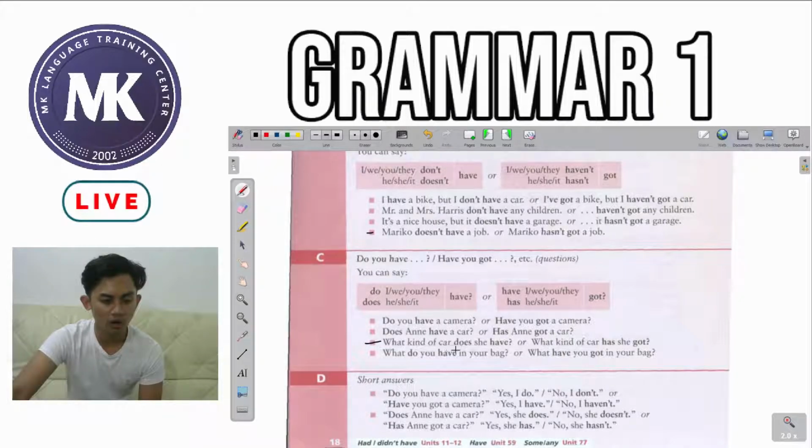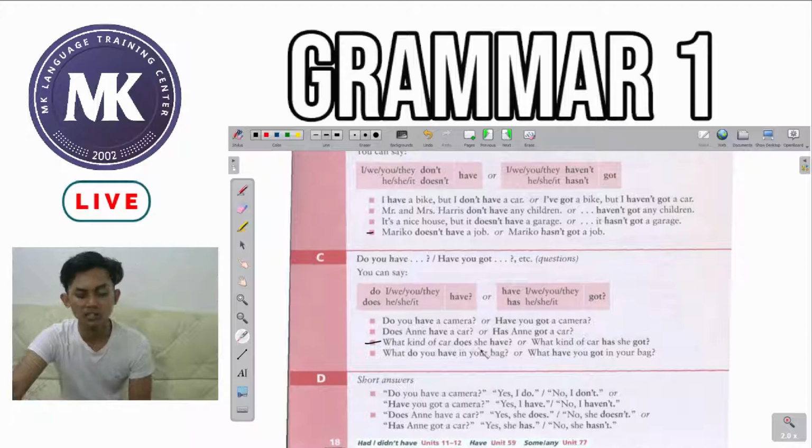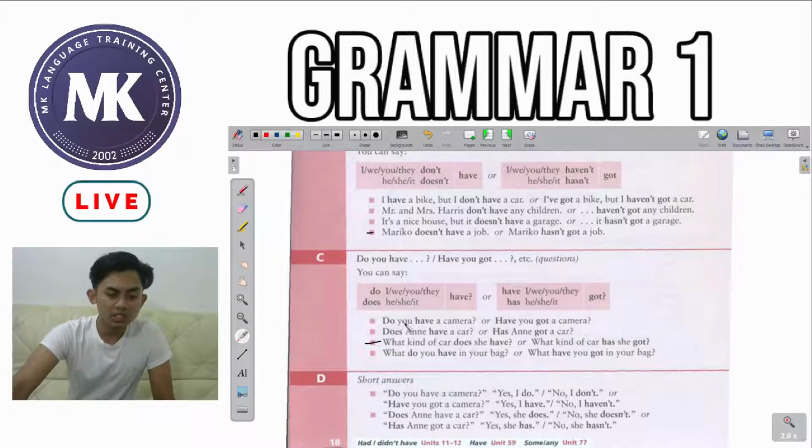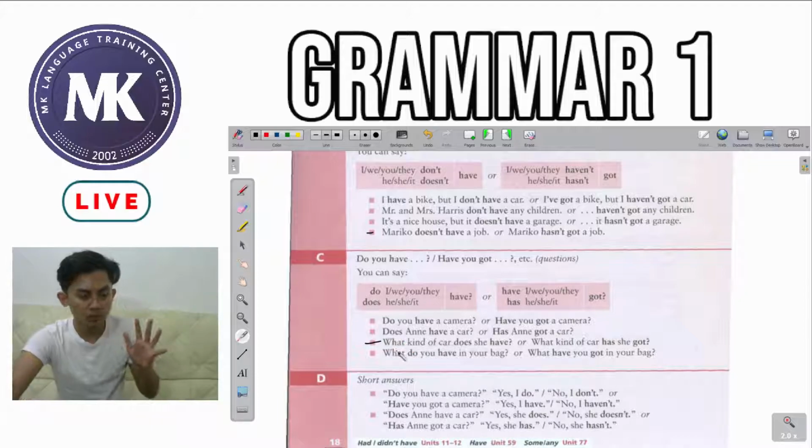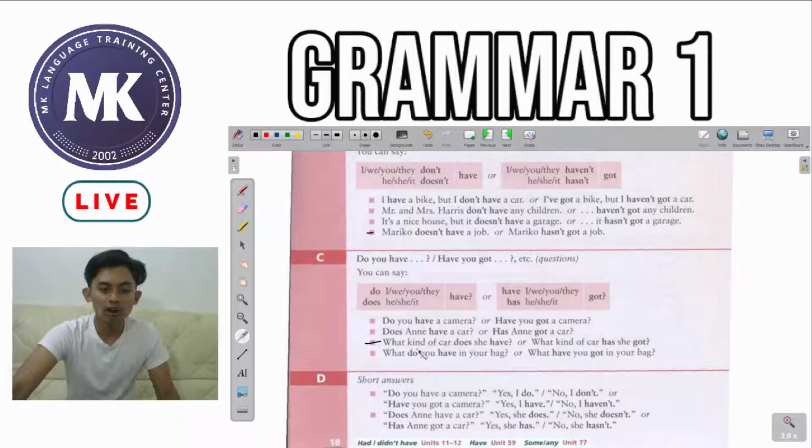What kind of car does she have? Okay, so this question is different from the ones above because it starts with a WH. So this is a WH question. For WH questions, you can write them by starting with a WH question starter, the 5 W's: what, when, where, who, why, followed by the thing that you're asking for.